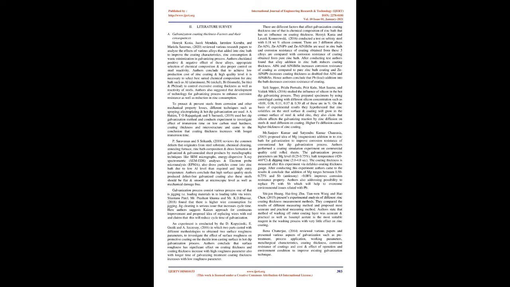After conducting the test, authors found that alloy addition in the zinc bath reduces coating thickness. Al-Ni and Al-Ni-Bi-Sn increase corrosion resistance of the coating as compared to the pure zinc bath coating, and Zn-AlNiPb decreases coating thickness to half of that of Al-Ni and Al-Ni-Bi-Sn. Hence authors conclude that addition of Pb, lead, into the bath decreases corrosion resistance of the coating.